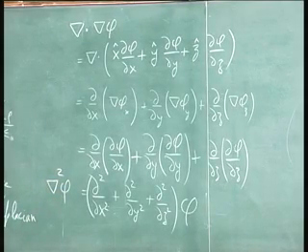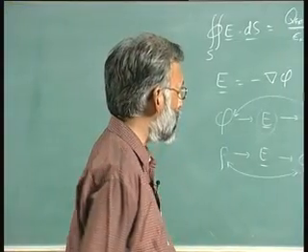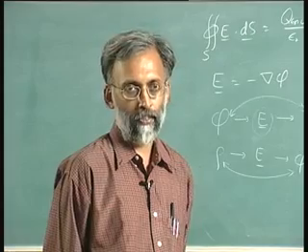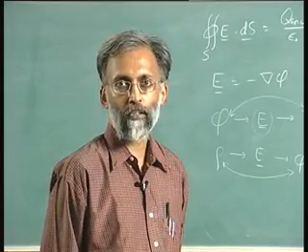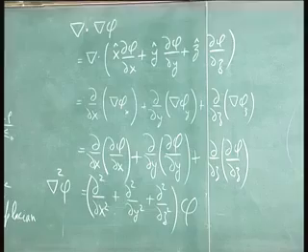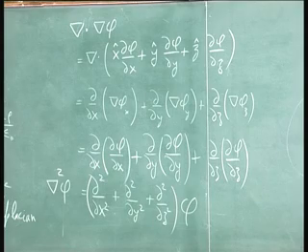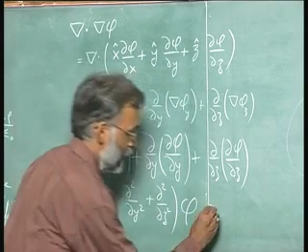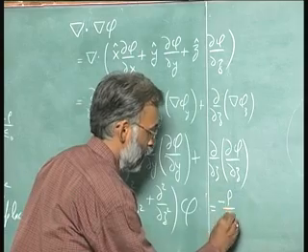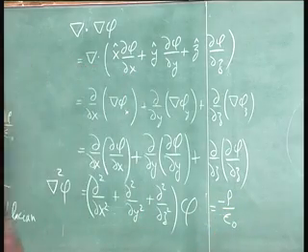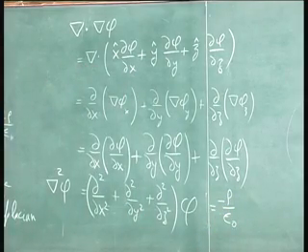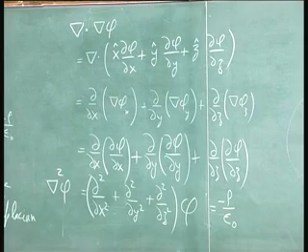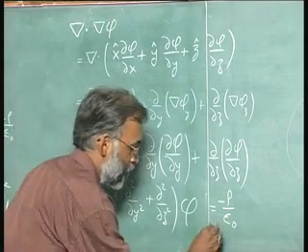It is a very common operator. In fact, it is probably the most important operator in wave theory. All of physics uses the Laplacian. And this del squared phi is equal to minus rho over epsilon naught. It is a very famous equation and it is called Poisson's equation.